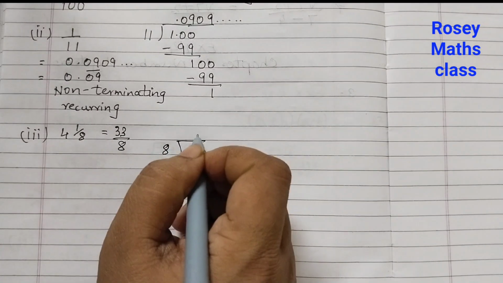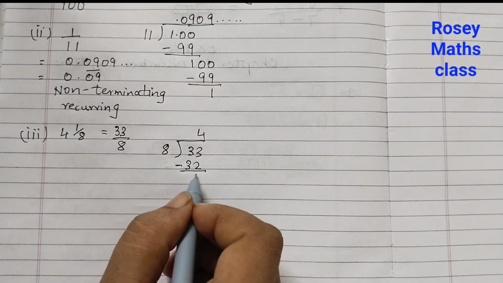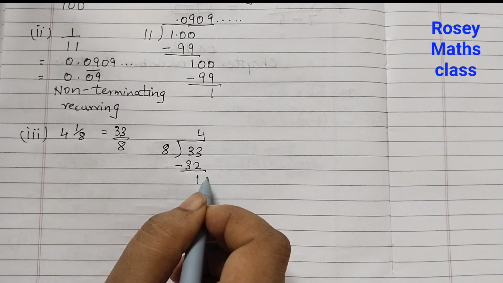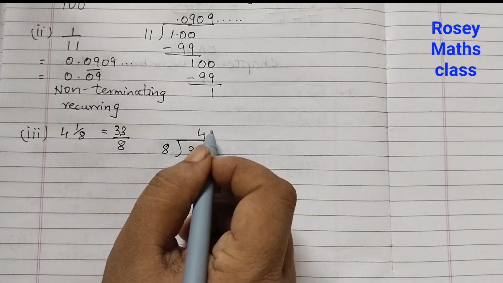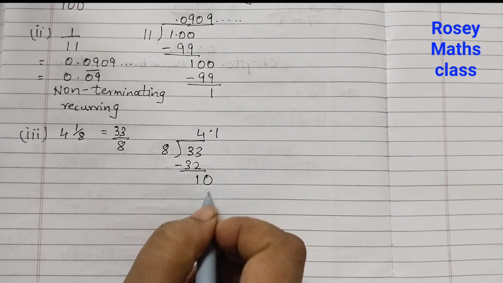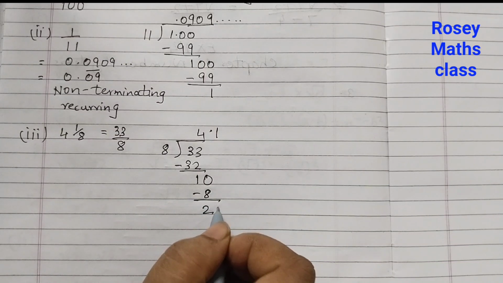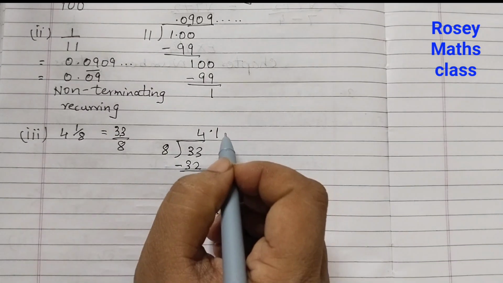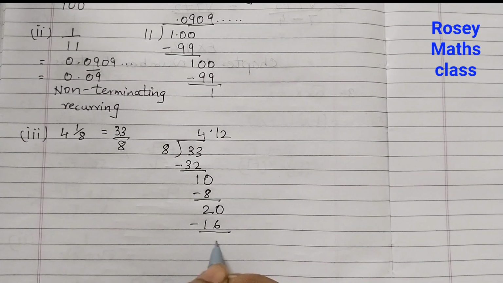So now 33 divided by 8. 8 fours are 32. 33 minus 32 is 1. Put a 0. When we put the first 0, we place the decimal point. So this will be point. 8 ones are 8. Remainder 2. 10 minus 8 is 2.